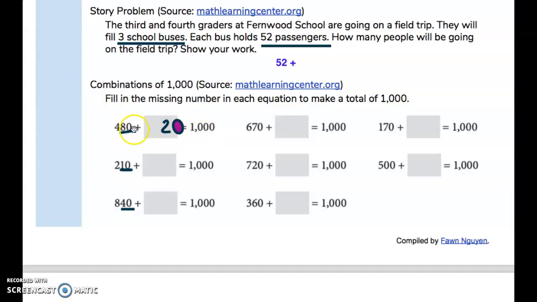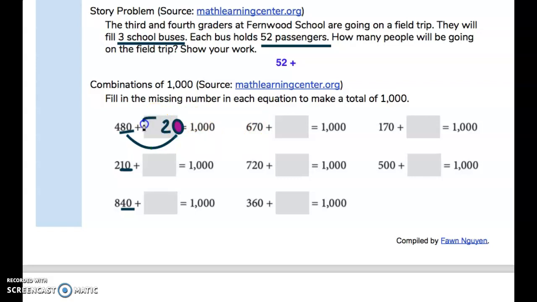Now I'm not done though, because look, I have 400 plus now another 100, because 80 plus 20 is 100. Do you see how I'm connecting those two? 400 plus 100 is 500, plus how many more hundreds get you to 1,000? So I'm at 500, 600, 700, 800, 900, 1,000.